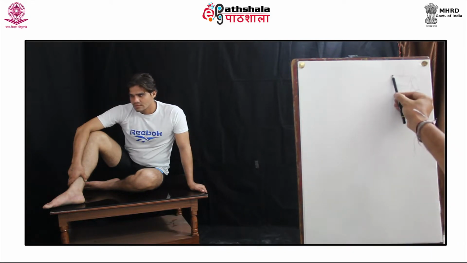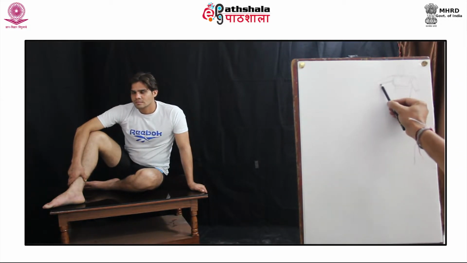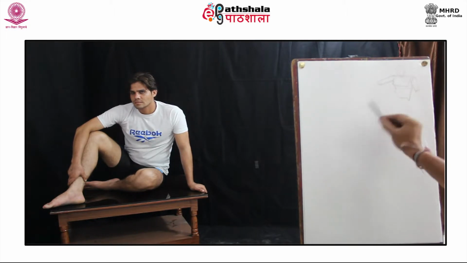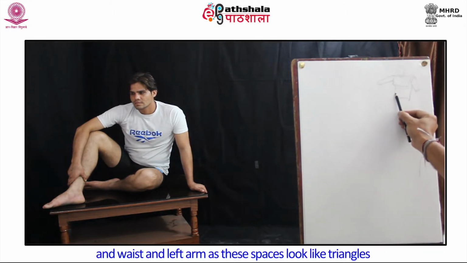Observe the position of the arm and legs carefully and draw the very essential angular lines as visible in the model. That is the space between thigh and arm and waist and left arm, as these spaces look like triangles.